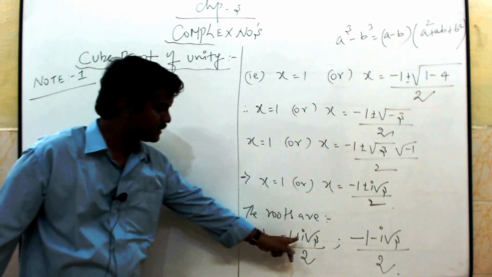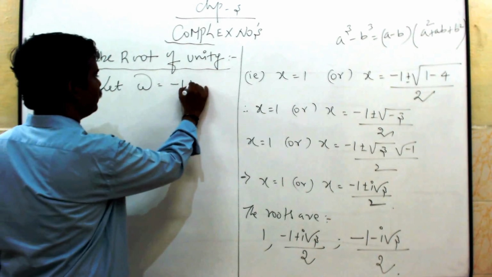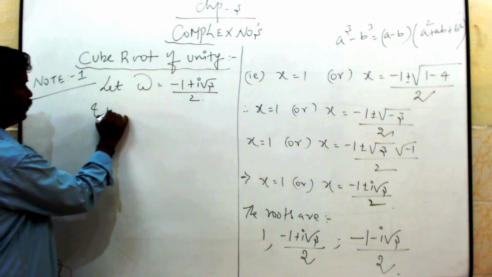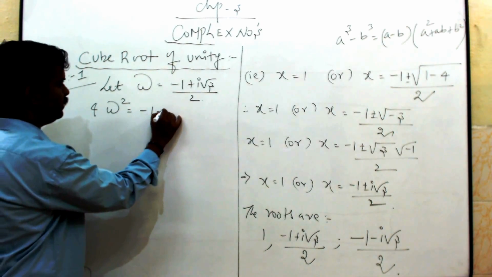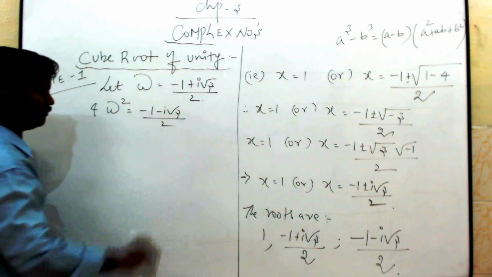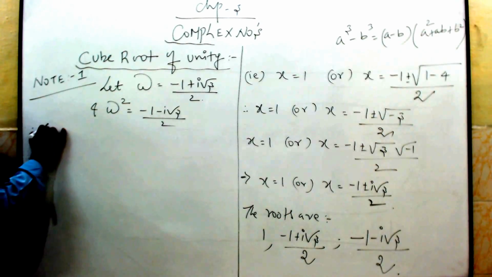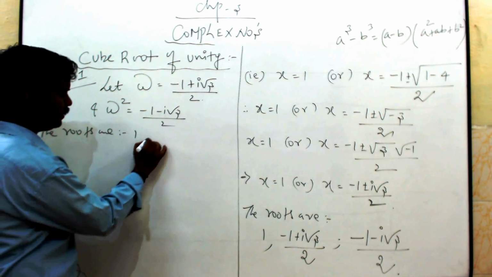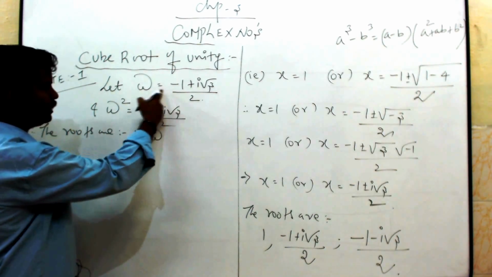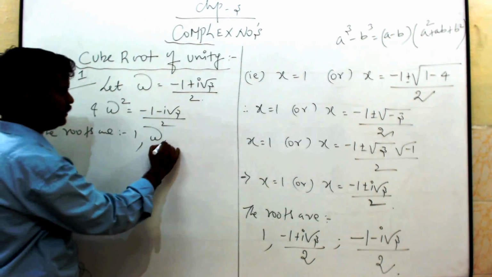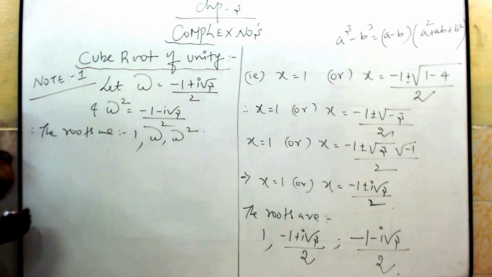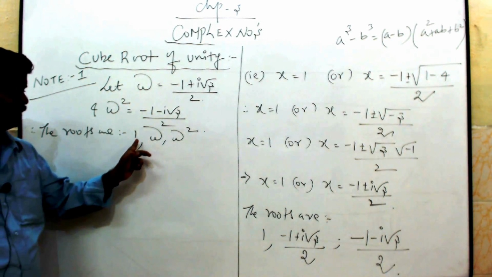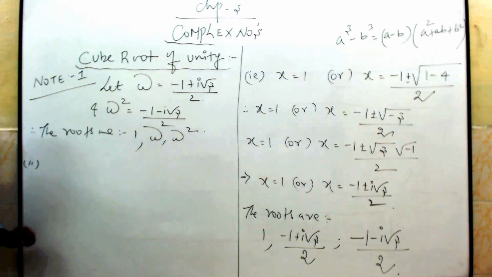Let us assume omega as minus 1 plus i root 3 by 2, and omega square as minus 1 minus i root 3 by 2. So therefore the roots can be written as 1. Second வந்து நம்ம எப்படி சொல்லியிருக்கோம், ரெப்ரசன்ட் பண்ணியிருக்கோம் by the letter omega. Third one is omega square. So the cube roots of unity are, hereafter we should say like this, 1, omega, omega square.